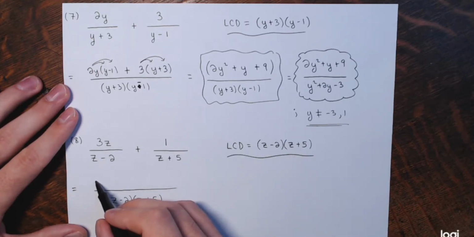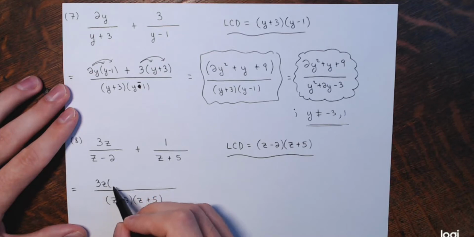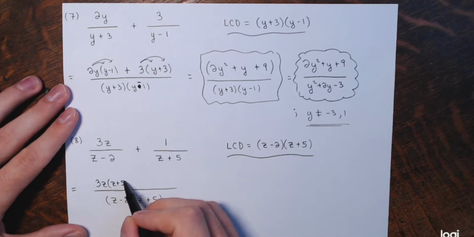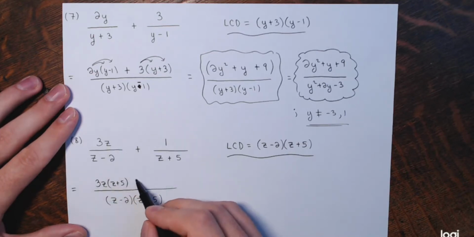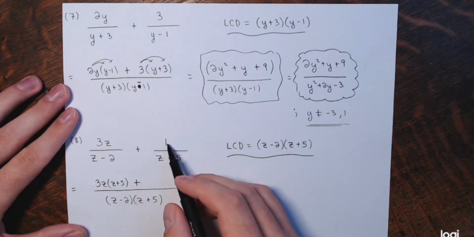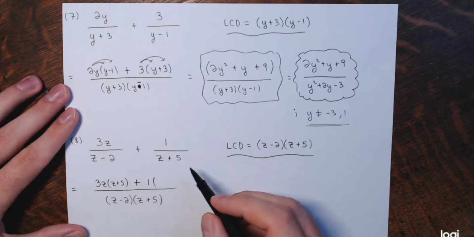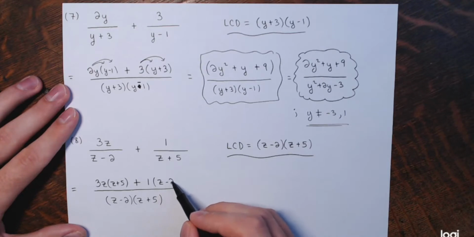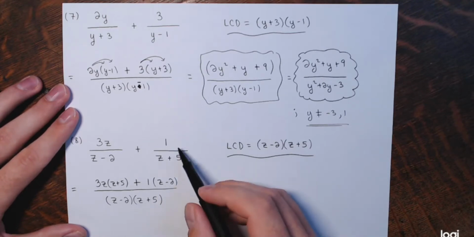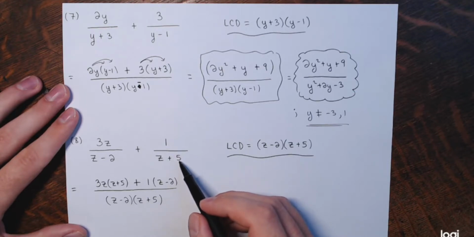So the first numerator would be 3z times the quantity z plus 5. And then that numerator gets added to this numerator, which would be 1 times z minus 2, or just z minus 2, because to make the denominator the LCD here, I'd have to multiply the numerator and denominator by z minus 2.